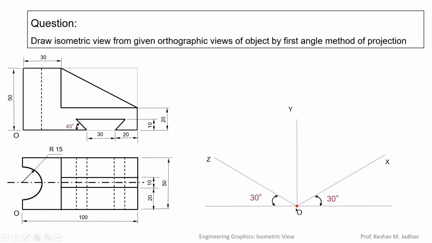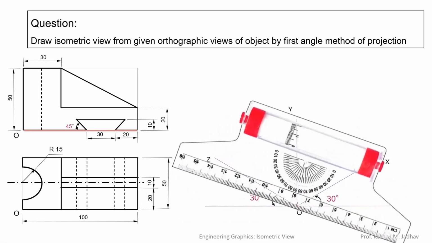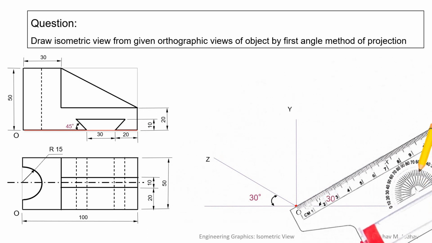In isometric view, from point O on the right side there is the x-axis, so this 100 mm we have to take along the x-axis. We can measure 100 mm along the x-axis and draw the line like this. The isometric box is not the final object, so the lines for the isometric box will be thin or faint lines.